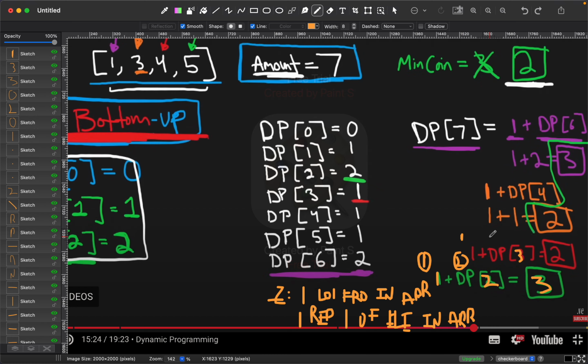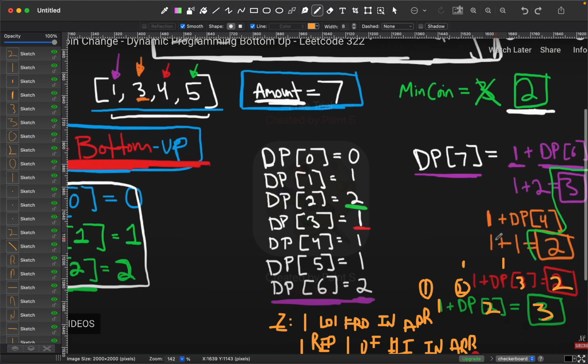DP3, you need 1 coin too. So in the end, you need 2 coins. 1 coin from the 3, I mean 1 coin of the 3, and 3 you need plus what to become 7?